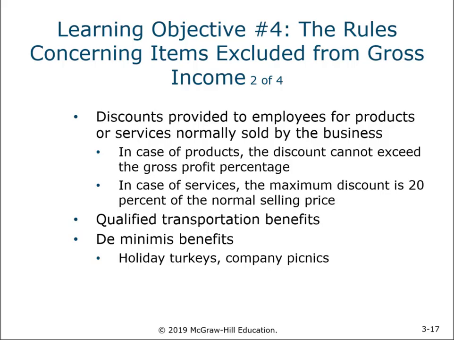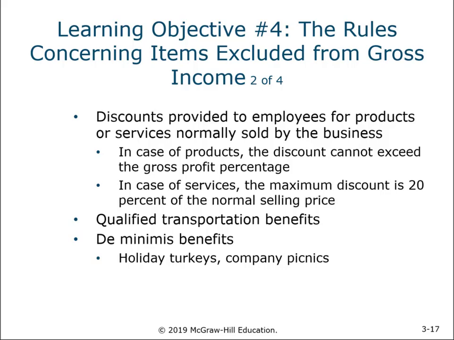Other ability to get places. De minimis benefits like turkeys, picnics, that sort of thing. Copy machine use. They let you make copies that you would normally have to run down to Staples and pay for. Technically, that's a benefit. And we've said that's just too small to matter. The IRS and government said, okay, at some point it's de minimis.